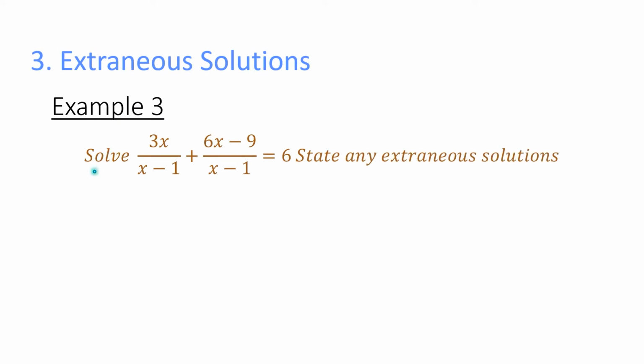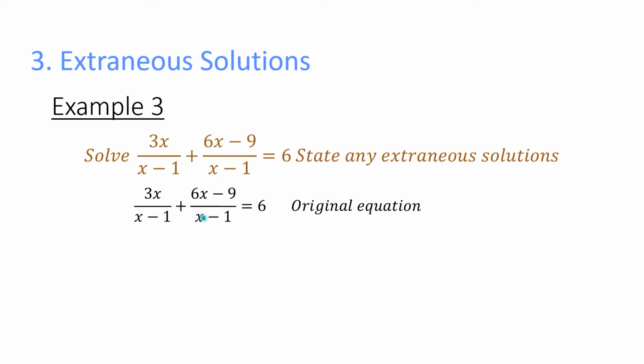Here is the example. Solve 3x over x minus 1 plus 6x minus 9 over x minus 1 equals 6. State any extraneous solutions. Look at this question. Here you can see that the denominators are the same. If the denominators are the same, we can add or subtract the numerators.